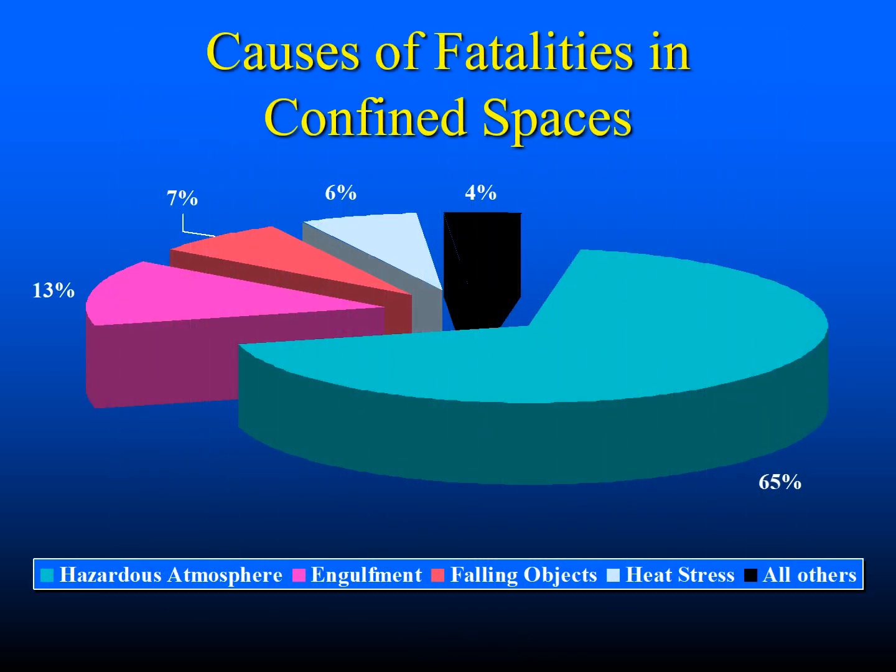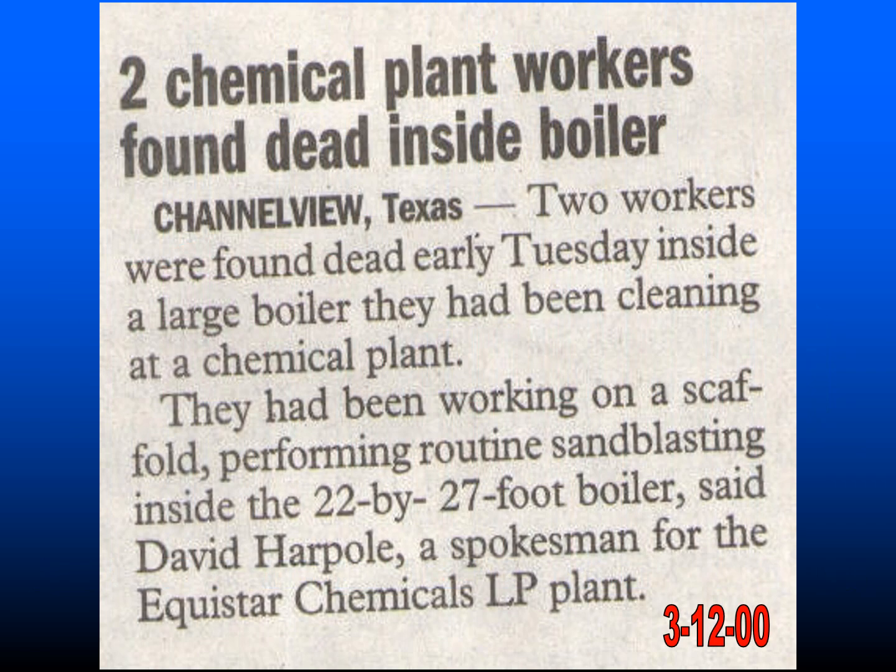Here is a pie chart that represents causes of fatalities in confined spaces. 65% of the deaths were caused by a hazardous atmosphere, 13% were caused by engulfments, 7% were caused by falling objects, 6% of the deaths were caused by heat stress, and of course 4% of the deaths were caused by other circumstances.